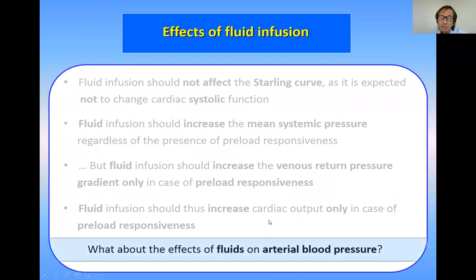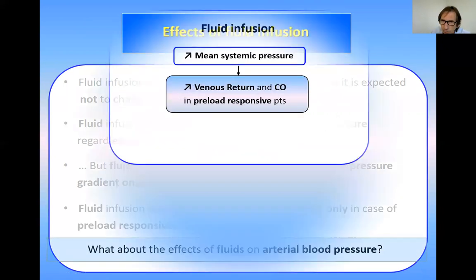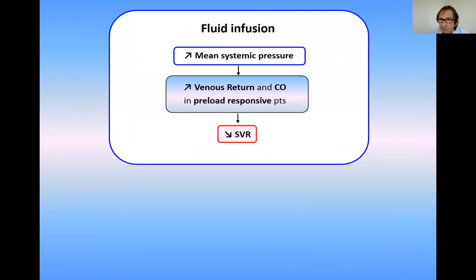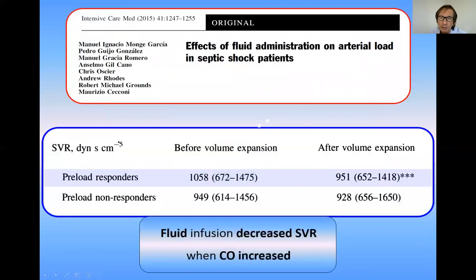And what about the effects of fluids on arterial blood pressure now? In fact, the increase in cardiac output associated with fluid administration should decrease the systemic vascular resistance. And this is well illustrated by this study from the group of Maurizio Cecconi.